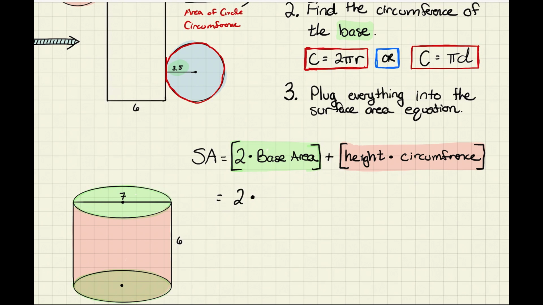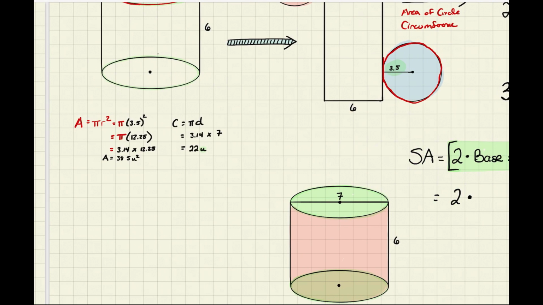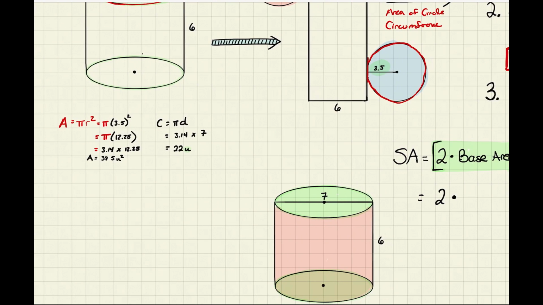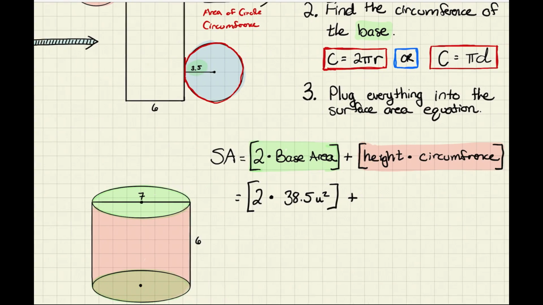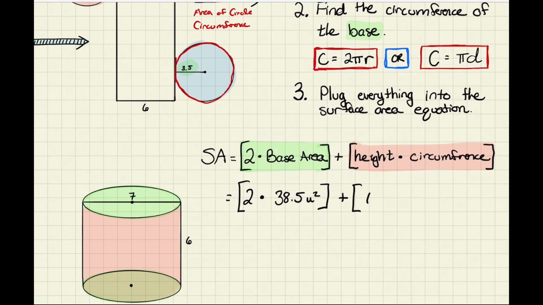We're going to have 2 times the base area, 38.5 units squared. We're going to add to that the height times circumference. The height is 6, and the circumference is 22 units.